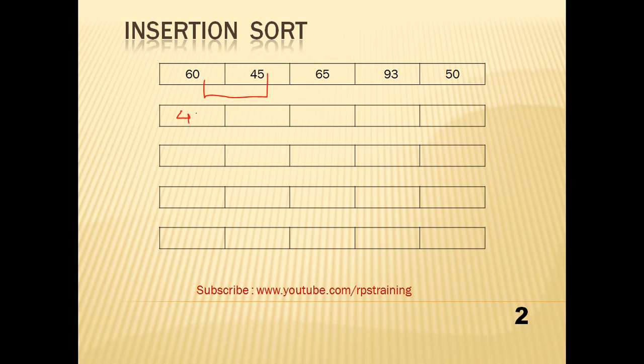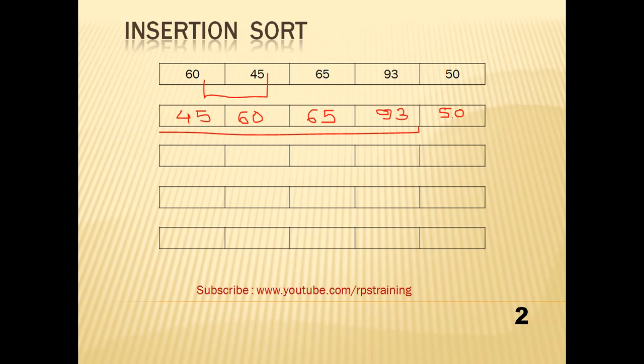It will be 45, it is 60, it is 65, it is 93, it is 50. Up to here the array is sorted.